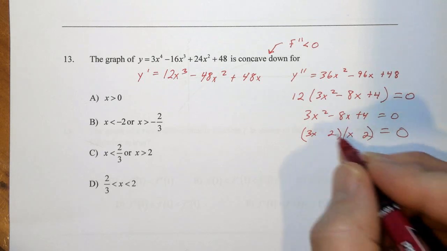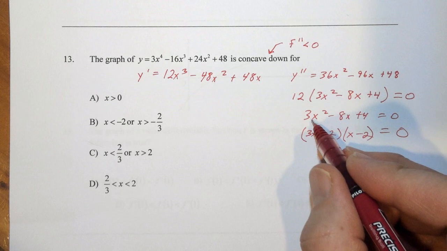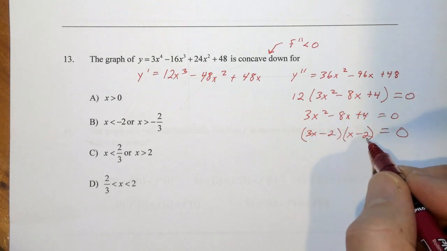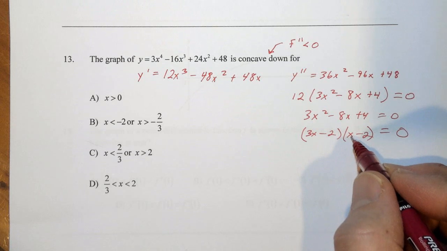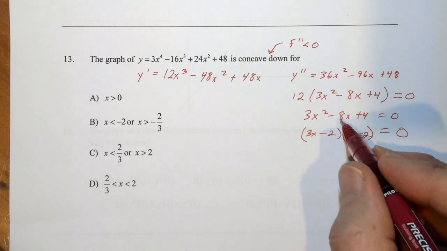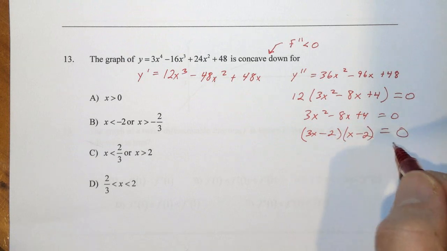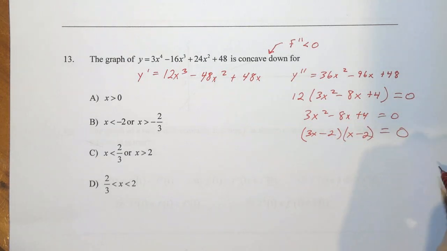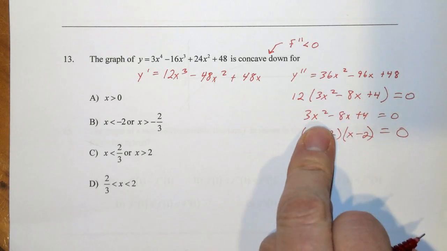With a negative and a negative: 3x times x is 3x squared. 3x times negative 2 is negative 6x. Negative 2 times x is negative 2x. Negative 6x and negative 2x is negative 8x. Negative 2 times negative 2 is positive 4. So there's our factorization.